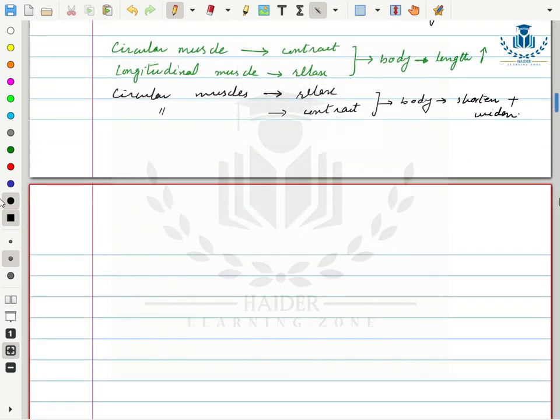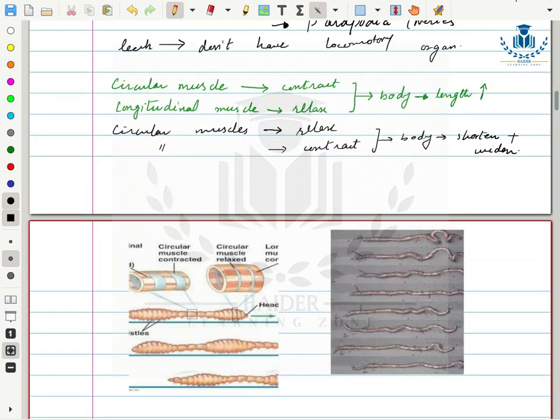And you can see in this figure, in this portion, the circular muscles undergo contraction and longitudinal muscles undergo relaxation. And you know that when circular muscles contract and longitudinal muscles relax, the body's length increases. So you can see that here the body is not shortened or widened, it has increased in length.